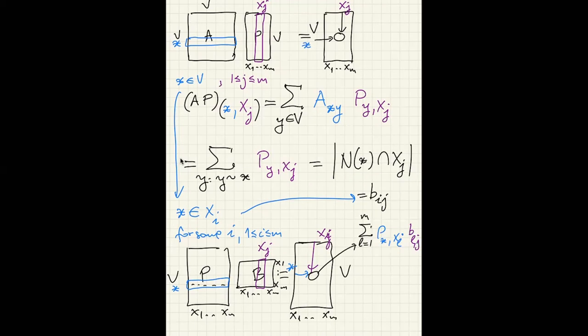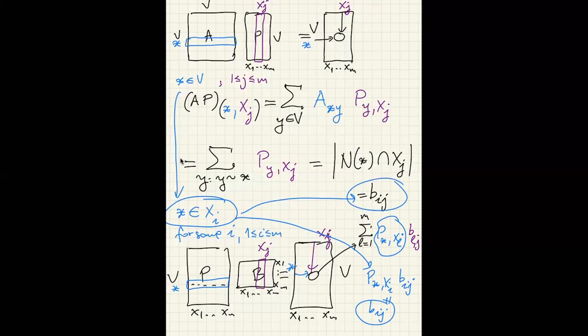Well, of the P's of X and L, there's only one of them that is 1, the one that corresponds to the index L where X belongs to that set. But that L is exactly this index I. So we get P of X, Xi times Bij, which gives us Bij. So this entry here is the same as this entry here, and it proves that AP equals PB.